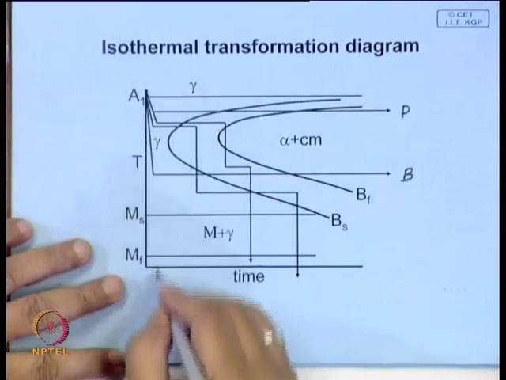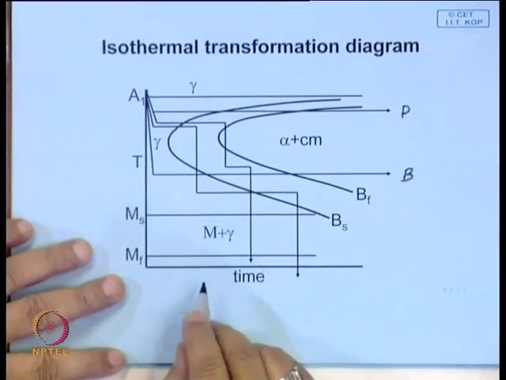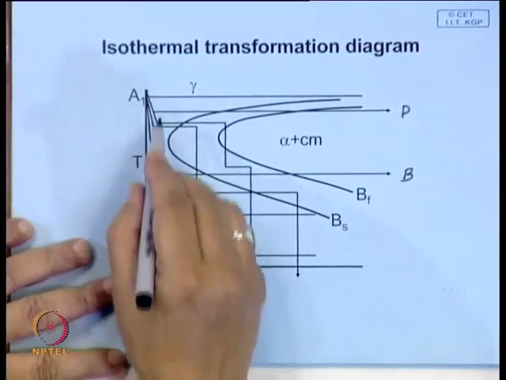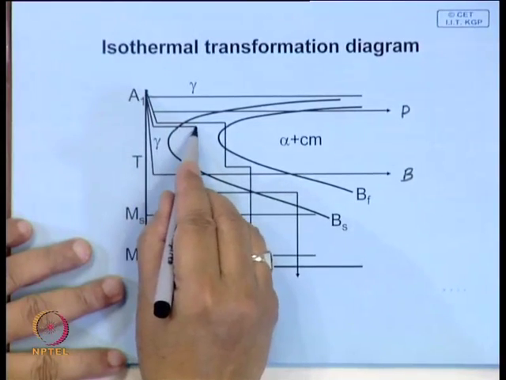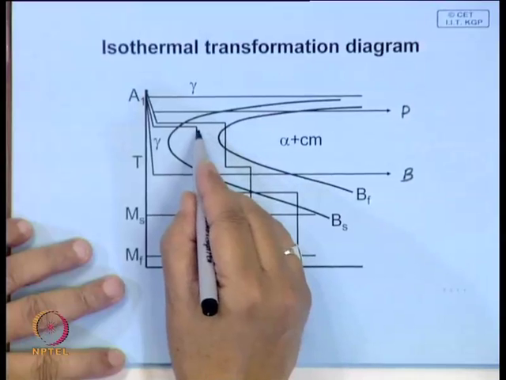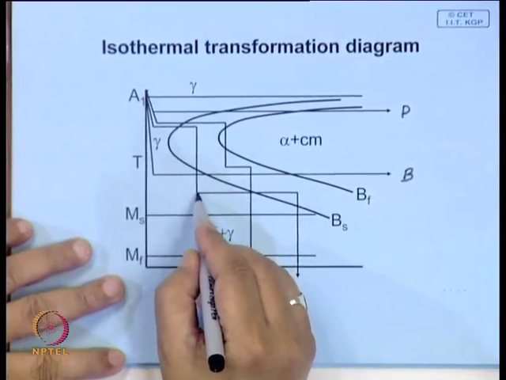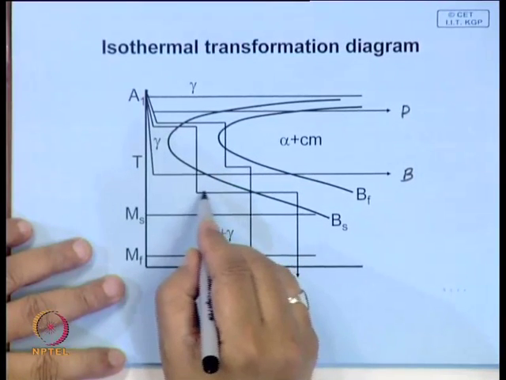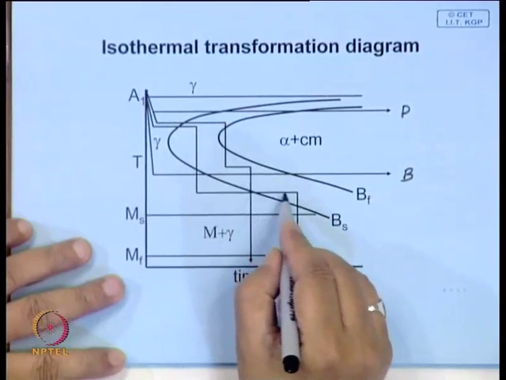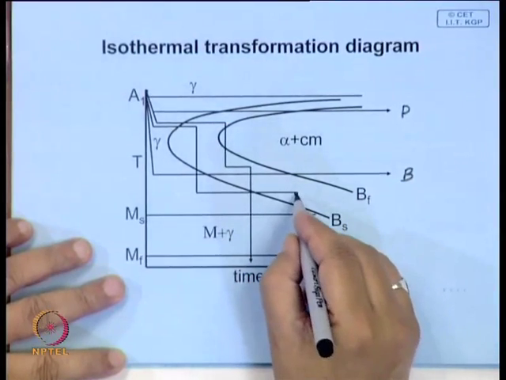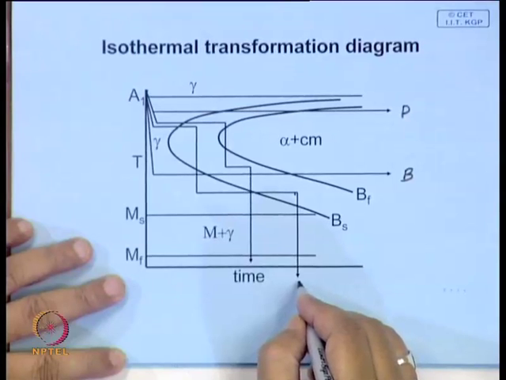If you quench directly, you get a fully martensitic structure, whereas with an intermediate hold like this, you hold it here, some amount of pearlite forms, you quench it, and then here also you keep it for some length of time, so that some amount of bainite forms, and then finally you quench.